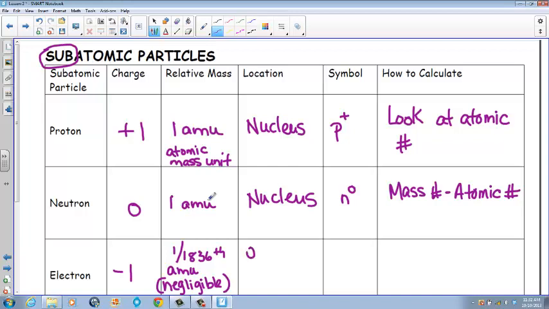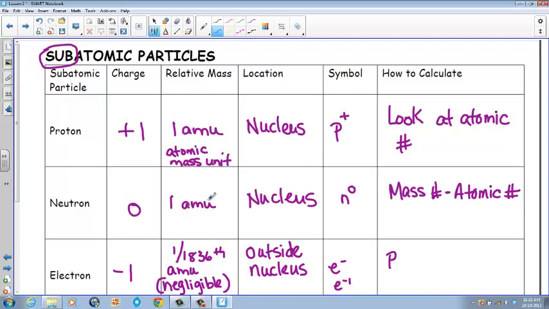The location is outside the nucleus in specific orbitals around the nucleus, and the symbol is going to be an e, or we can see e with a -1 here, okay, e minus.